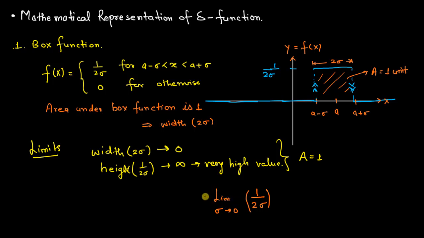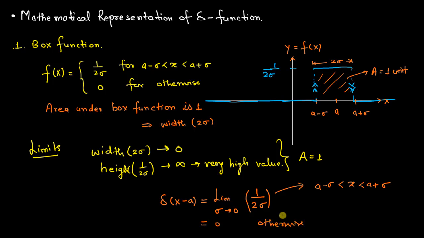If you take that limit, this box function is an approximate representation of the delta function of x minus a, because this 1 by 2 sigma was defined in between a minus sigma to a plus sigma. So when sigma goes to 0, this box function goes to the delta function, and it is 0 otherwise.